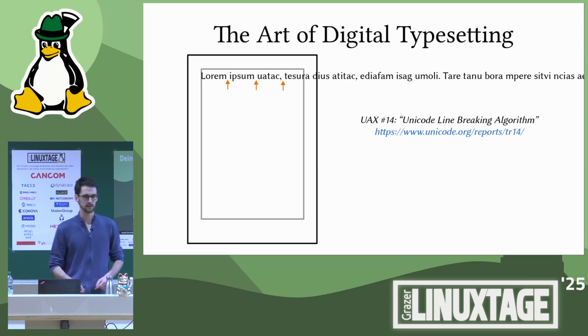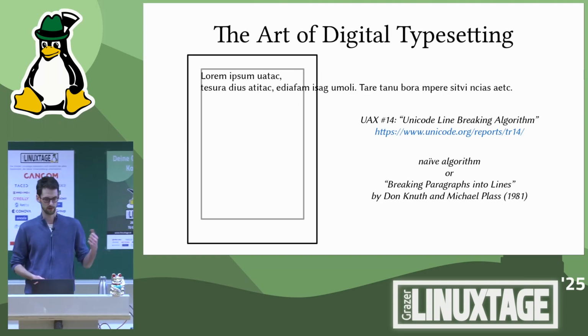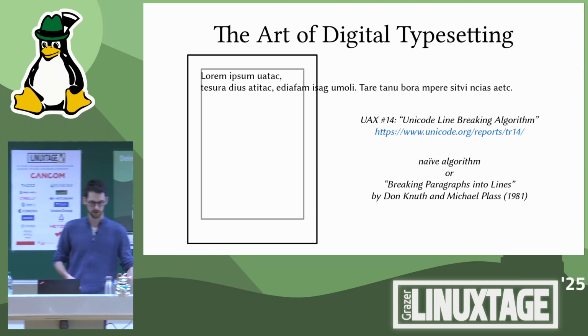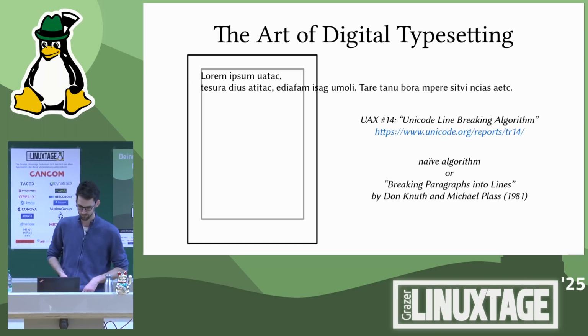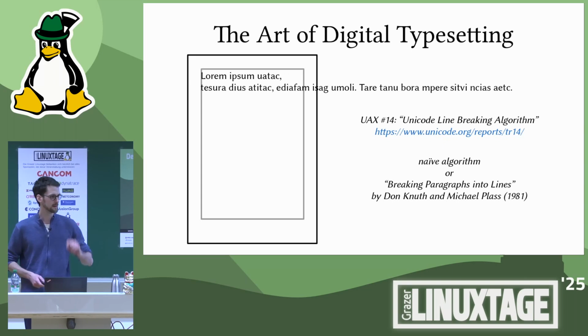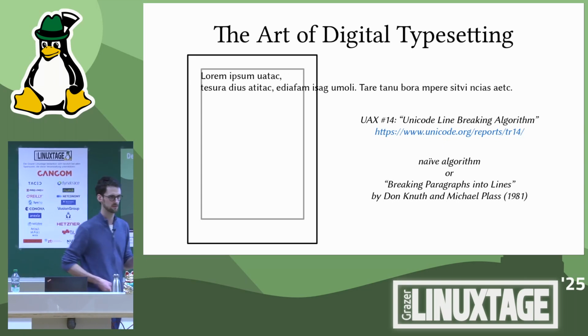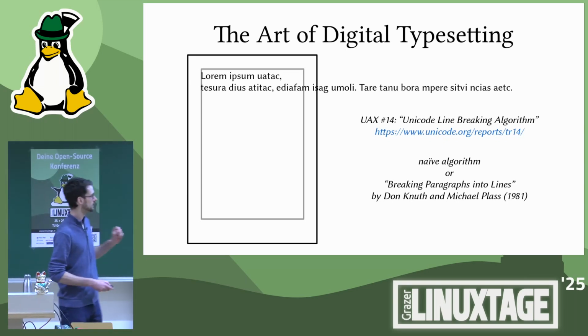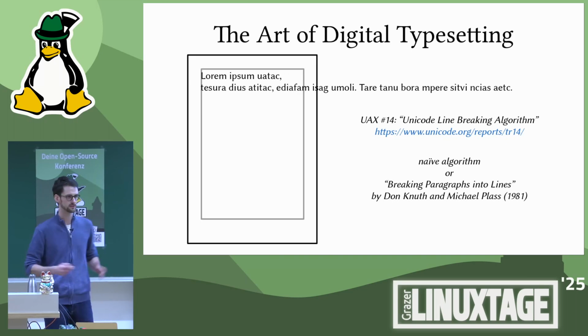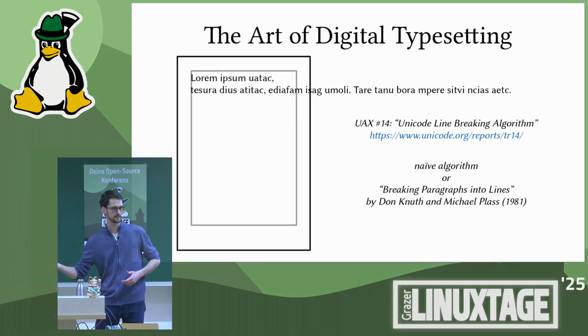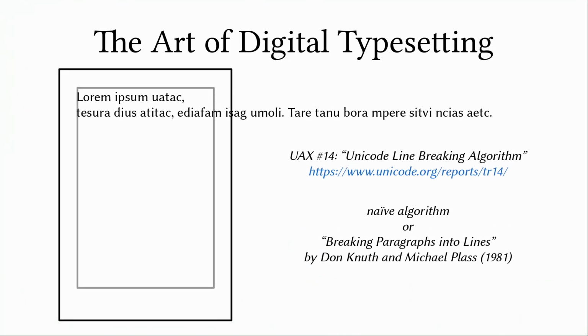Later on, you can decide which one you're going to take. In my case, I take 3 words, this comma, and then I introduce a line break. What we did here is something called the naive algorithm. Naive because what we just do is we fill up the first line, and before it exceeds, we just make a line break and continue in the next line.